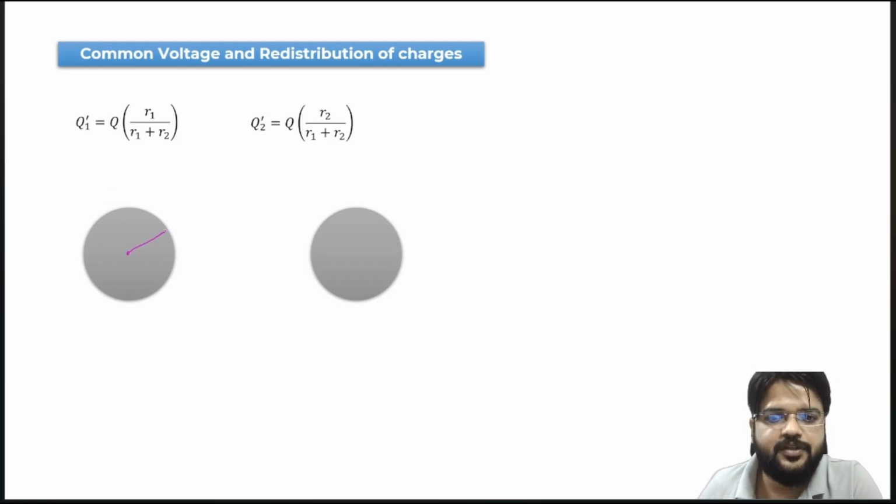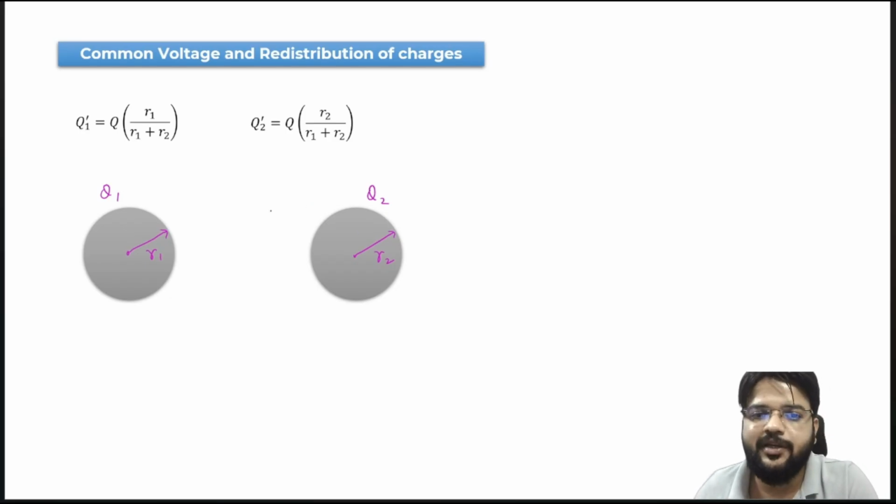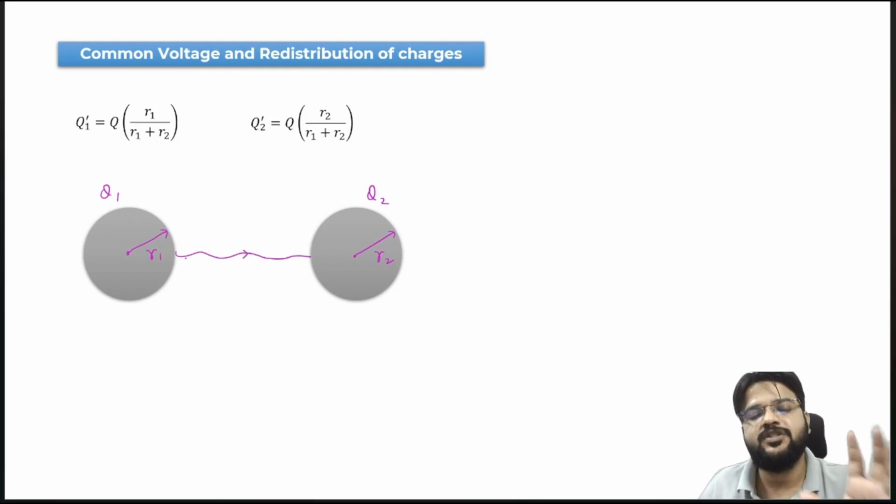Let's suppose the radius of the first conductor is R1 and the radius of the second conductor is R2. And let's suppose the charge present on the first conductor is Q1 and on the second conductor is Q2. Initially the charges are Q1 and Q2. We are connecting both conductors with one wire, and we are assuming, let's suppose, the potential of the first conductor is greater as compared to the second.